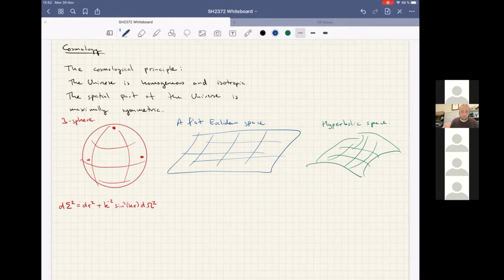In Euclidean space, you are familiar with the polar coordinates. It's just your regular polar coordinates: dr squared plus r squared d omega squared. And if you look at the hyperbolic space, the line element would be the same, dr squared, but we would have k to the minus 2, and instead of sine, we would have the hyperbolic sine.